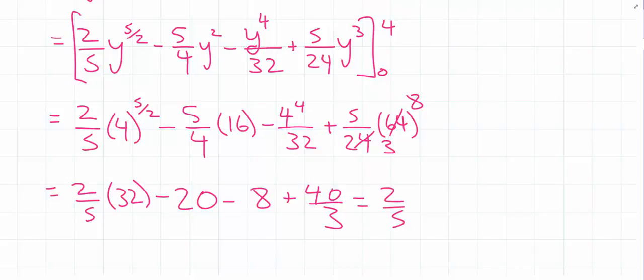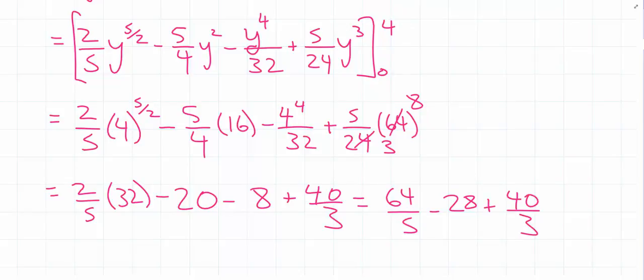We've got 2/5 times 32. Let me just call that 64 over 5. 64 over 5, and minus 28, plus 40 over 3. Okay.